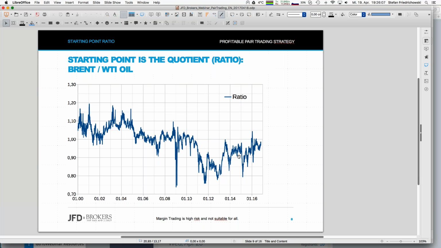But there's later a quite more mathematical definition of what is a little bit too expensive compared to the other. That kind of ratio, looking here at what we can find in that chart, is exactly what we need for a profitable pair trading strategy.